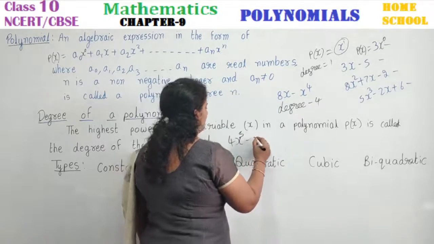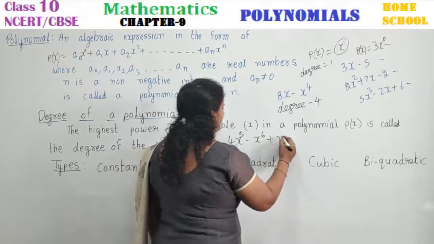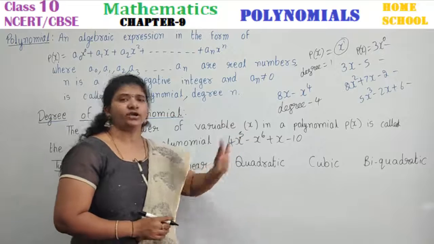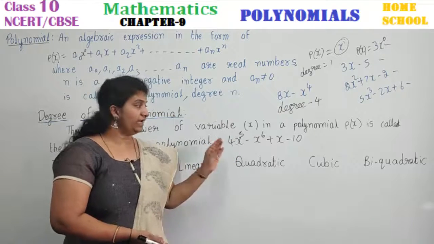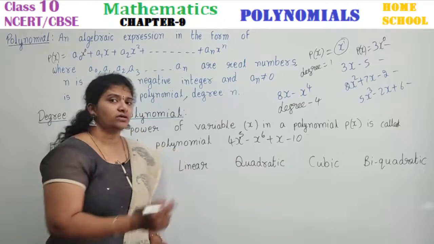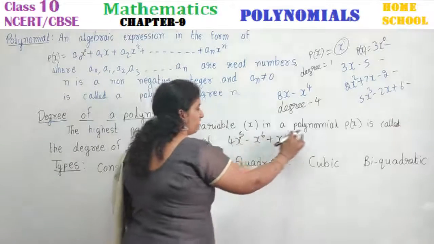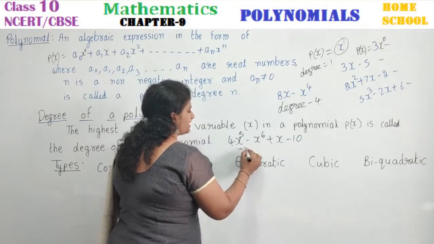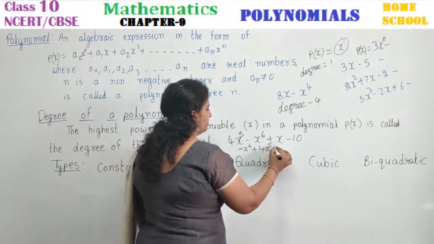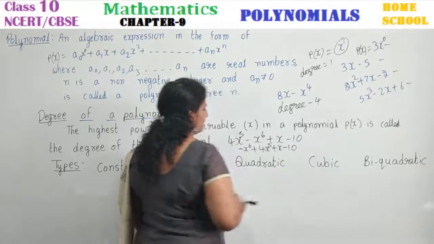4x power 5 minus x power 6 plus x minus 10. So, this is not in order. You need to arrange this in order. How do you arrange in order, children? Come from the highest power. Minus x power 6 plus 4x power 5 plus x minus 10.